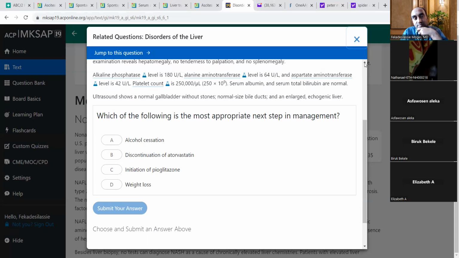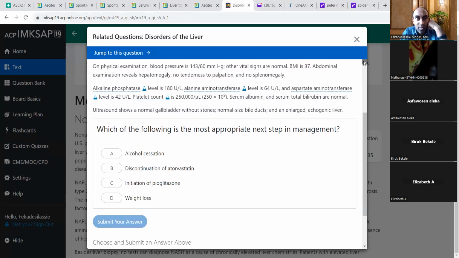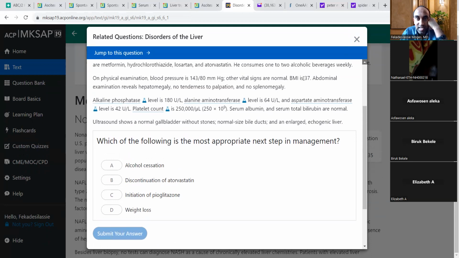So the patient has just enlargement of the liver, and an echogenic liver. So what does that tell you? Echogenic liver. Echogenicity on ultrasound means it looks white, bright. What is the BMI? 37.